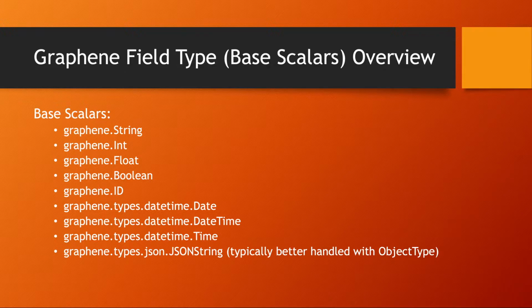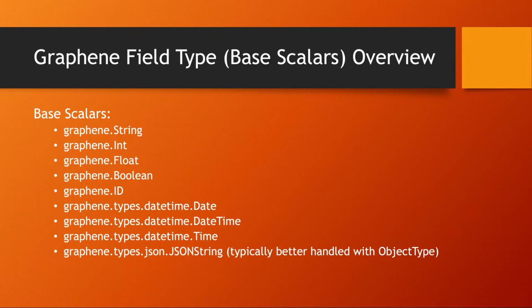Anyway, there's also datetimes of the data objects, and then I want to make a special note on the JSON string. It's typically easier actually to just build a custom Graphene object type when you're dealing with this. I ran into the trap where I was wanting something at the end that was JSON-ish, and I realized actually what I could have done is probably just built an object type and then data munged into it rather than having a JSON string coming back.